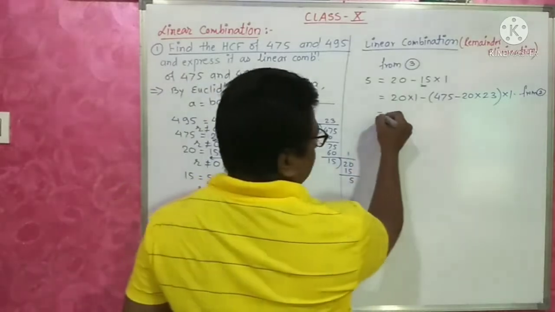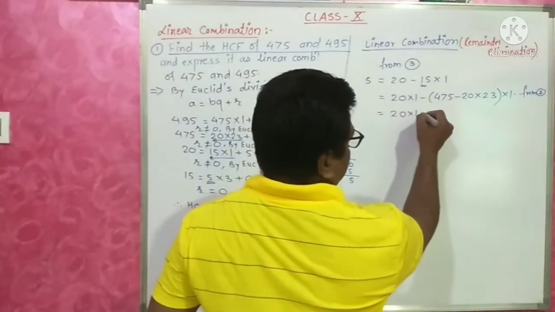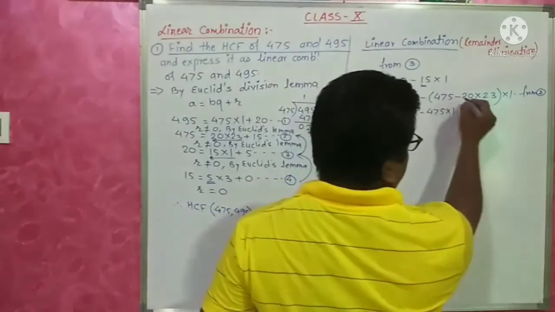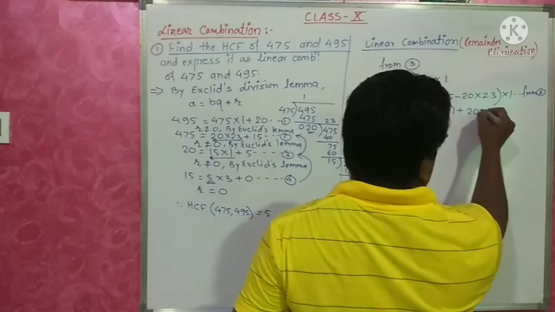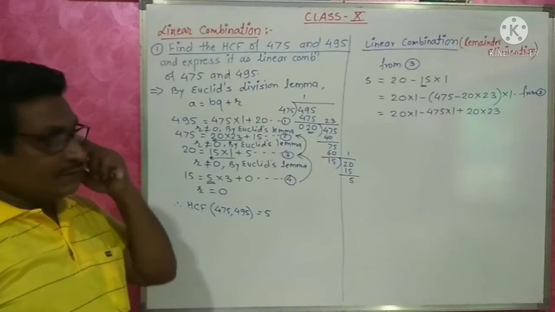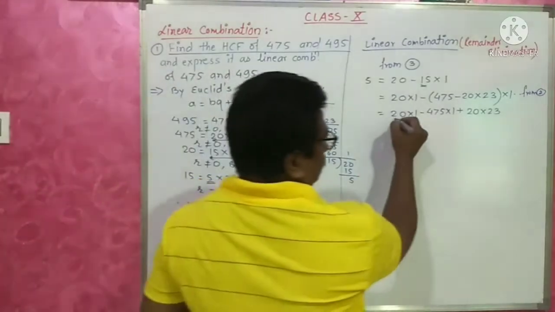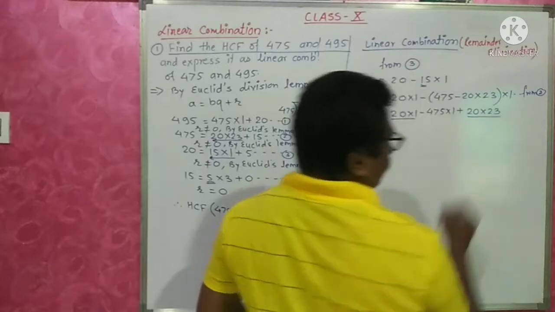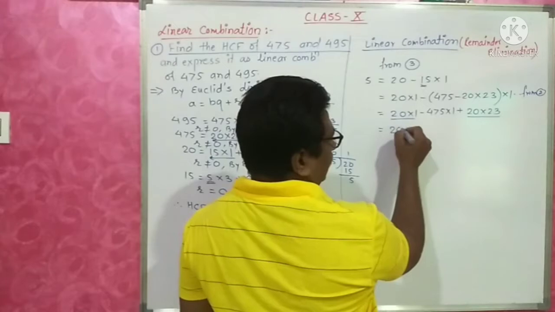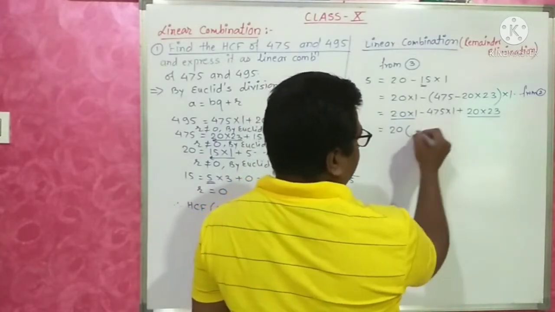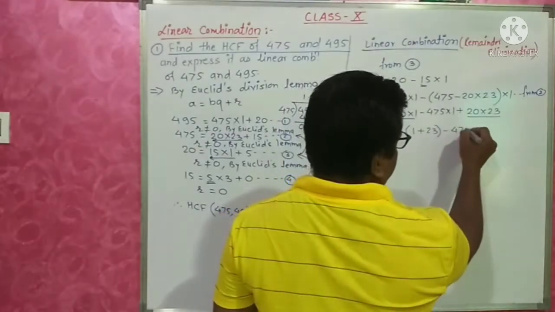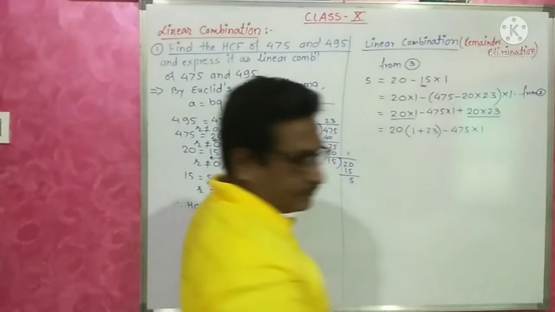Now we have to simplify: 20 into 1 minus 475 into 1 plus 20 into 23. Got it? Now take out 20 common. So what will we get? 20 into 1 plus 23, minus 475 into 1.